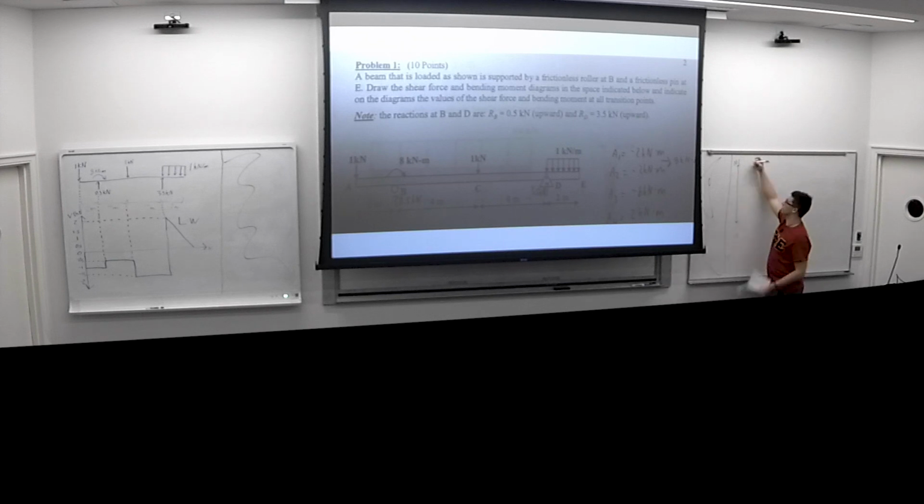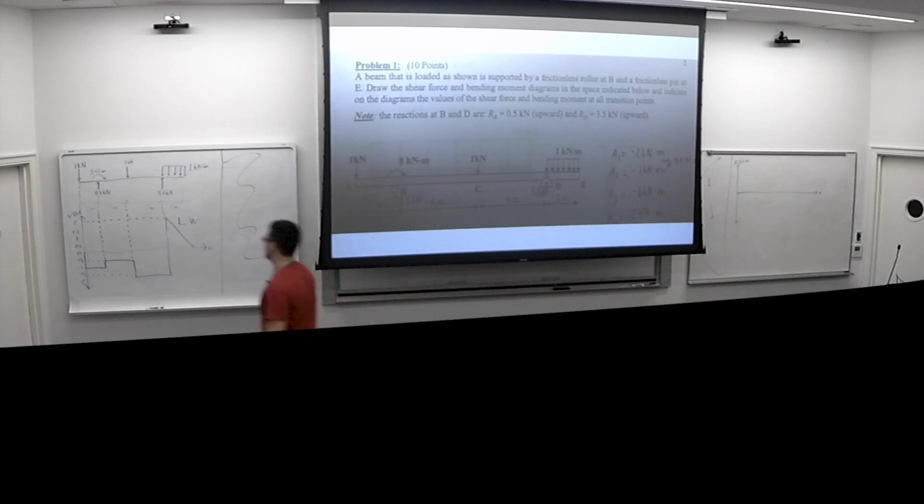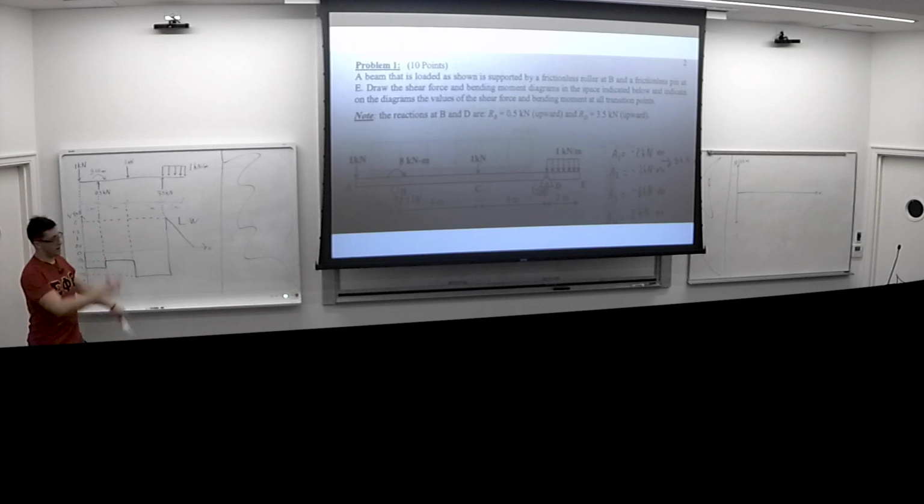This is a bending moment, so your units are kilonewtons times meter, or some other force times distance. Now I'm going to be doing a little bit of back and forth. We're going to take our values in the V diagram to help us with the moment. So everything we did here, we're going to use the areas under this curve to find the values that it's going to change in the M diagram.